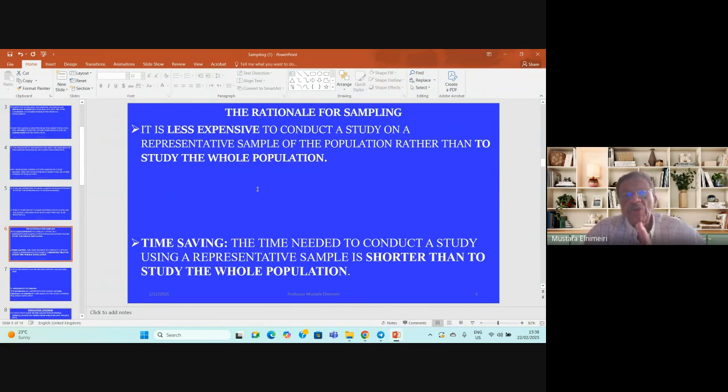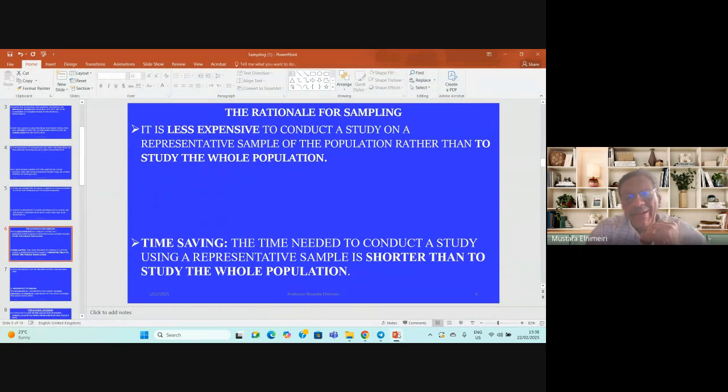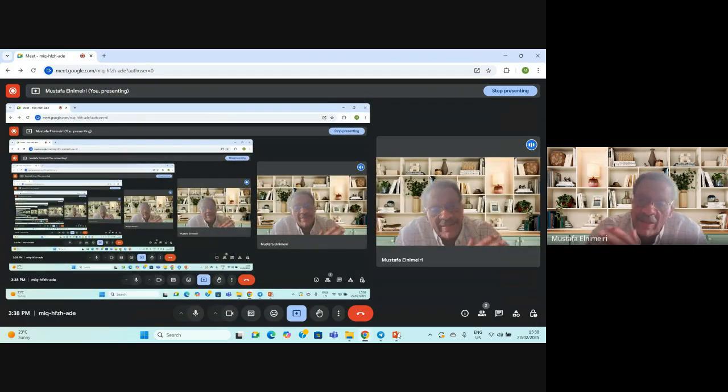The rationale for sampling is that it is less expensive to study a representative sample of the parent population rather than the whole population. For example, if you have a population of thousands or millions, it is more costly to go for studying the whole population.